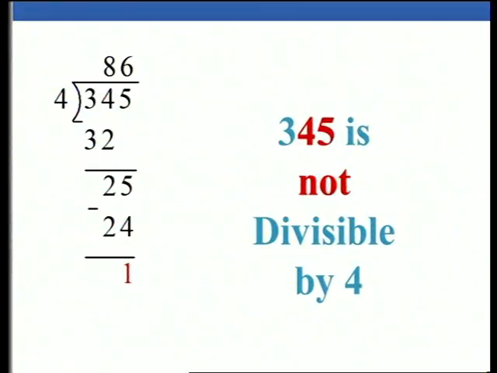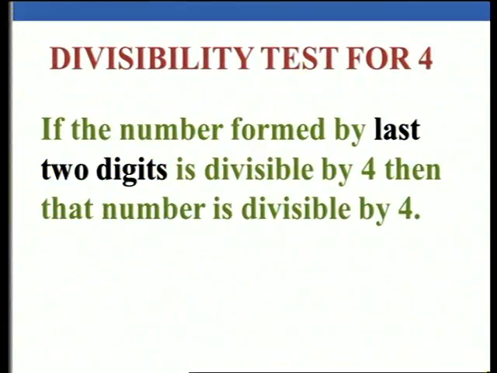And if we long divide the 345 by 4, what we are going to get is quotient as 86, but the remainder here is 1, which is not 0, and which clearly tells us that this 345 is not divisible by 4. Okay. In short, if the number formed by the last two digits is divisible by 4, then that number is also divisible by 4.